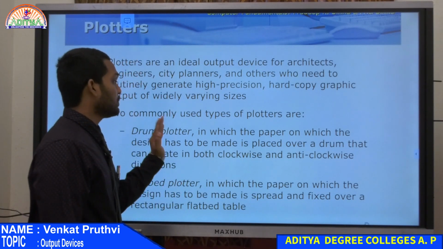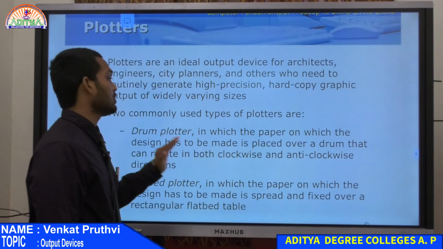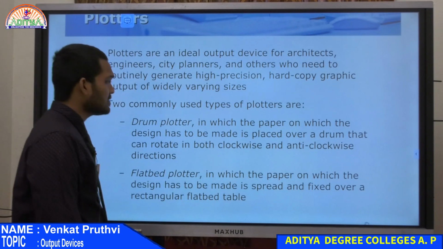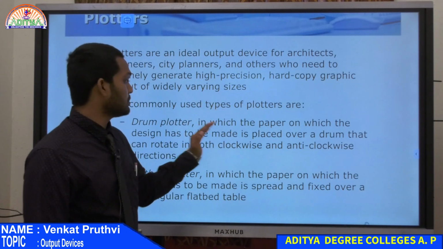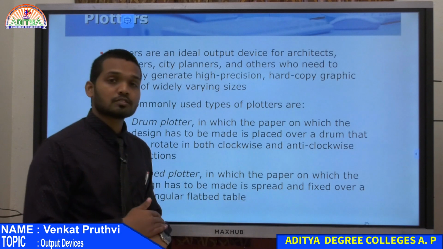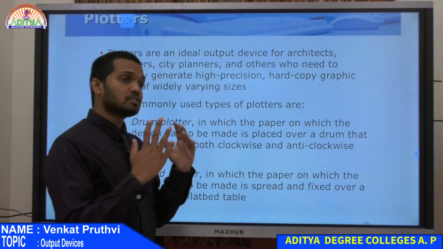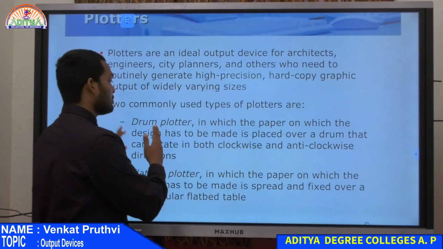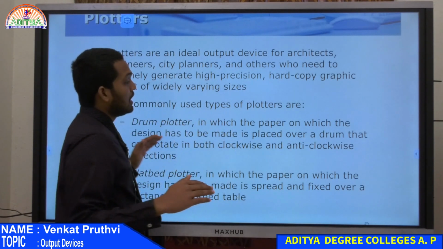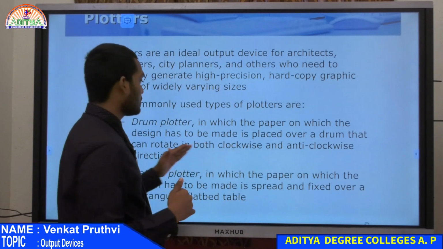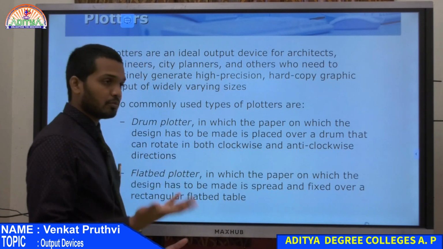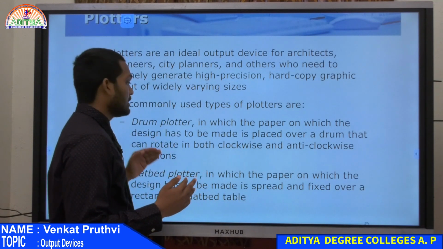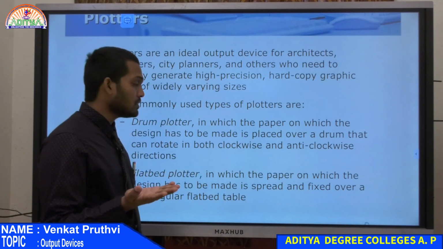In a drum plotter, the paper on which the design has to be made is placed over a drum that can rotate in both clockwise and anti-clockwise directions. Drum, in the sense, we have seen those previous drum based printers in which we had a cylindrical drum which was helping us print the embossed letters. In the same way, in this drum plotter, whatever output we want, we place that paper over a drum, and that drum can rotate in anti-clockwise as well as clockwise directions.